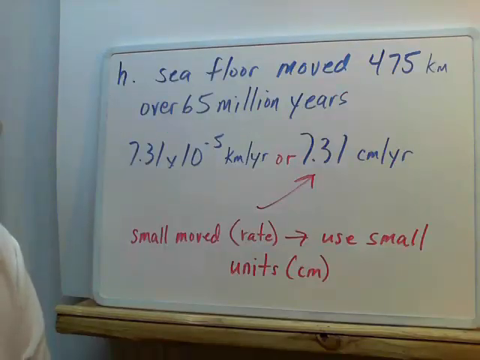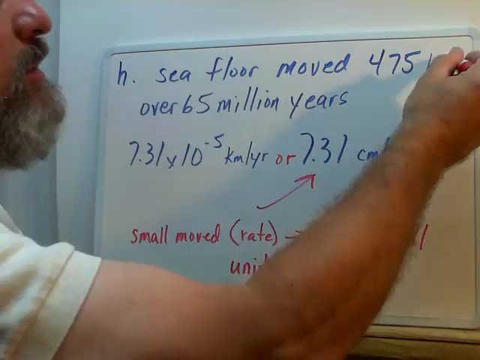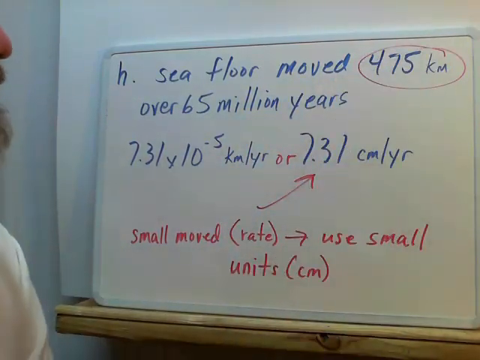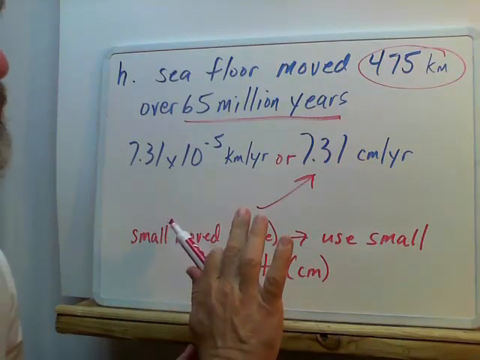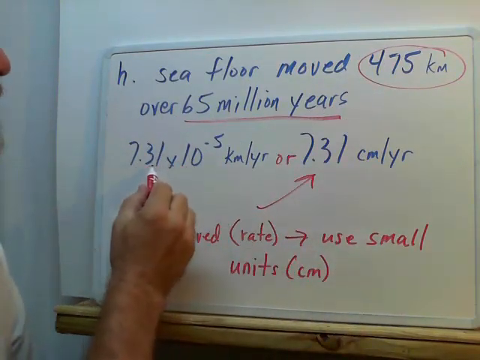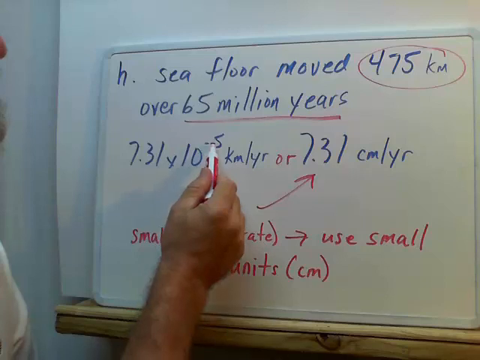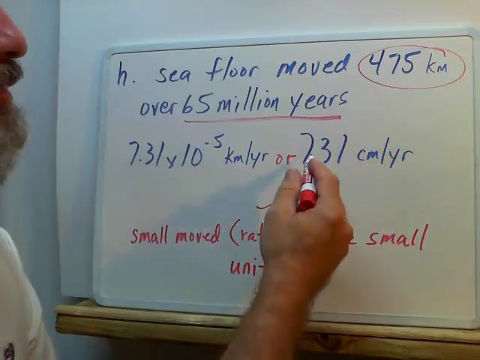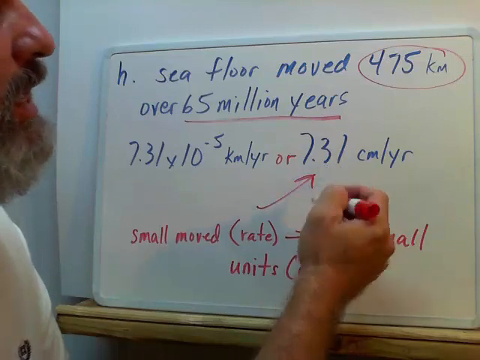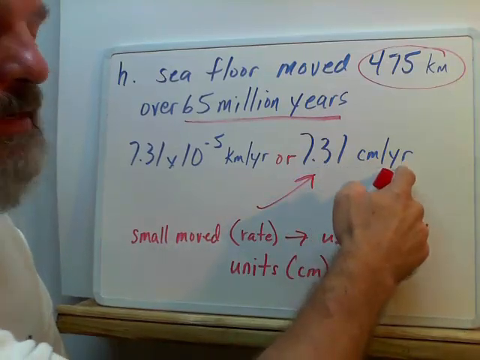Letter H. The seafloor moved 475 kilometers over 65 million years. It moved, in other words, 7 and 31 hundredths times 10 to the negative 5th kilometers per year. Or you could say that it moves 7 and 31 100ths centimeters per year.